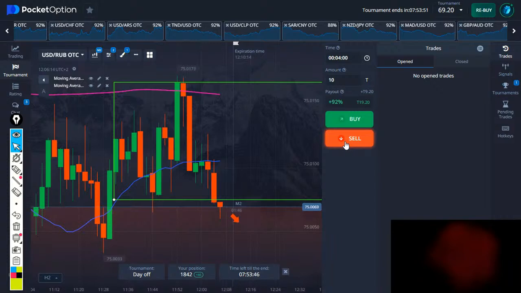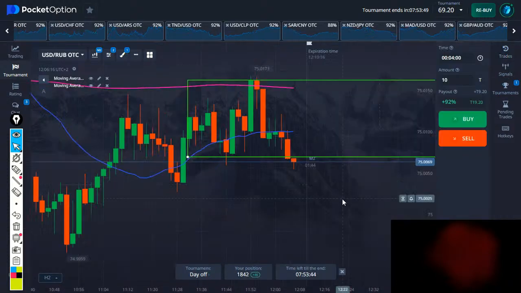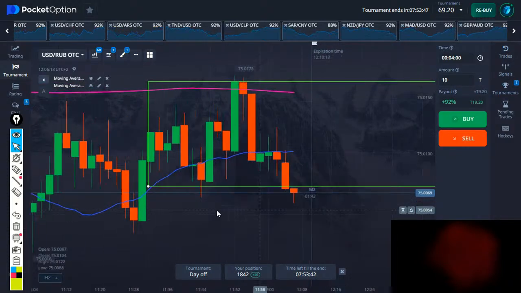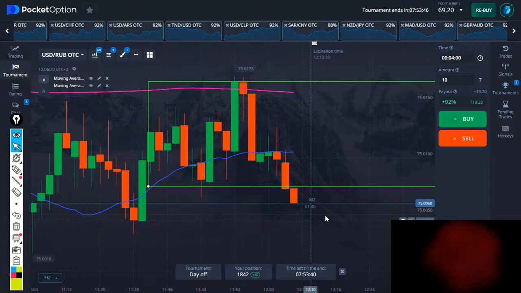I need a strong close below before taking the trade. I need confirmation. So we'll wait until approximately the last 30 seconds of the bar.